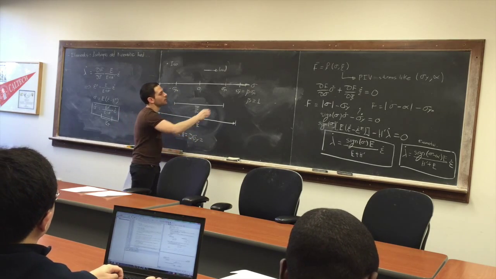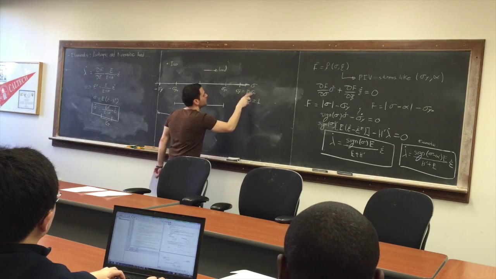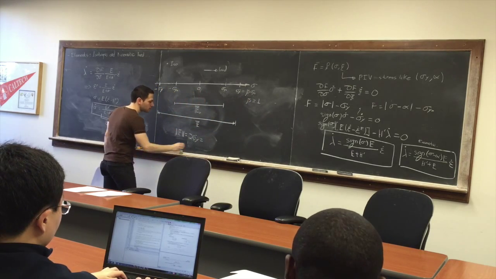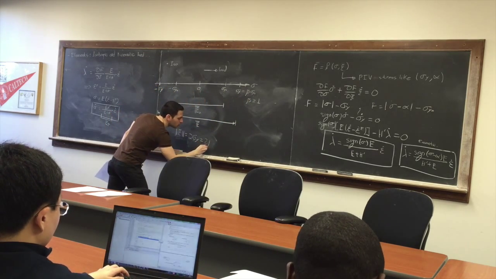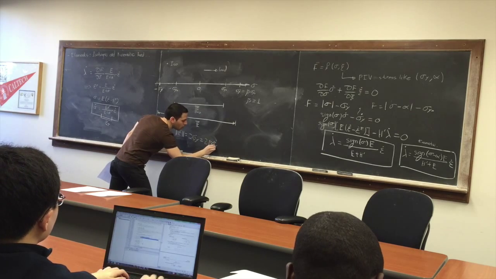We can express it in terms of this parameter and sigma y naught, which will give us 2 beta sigma y naught.